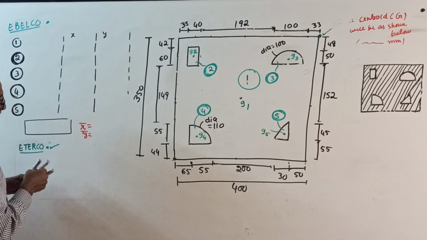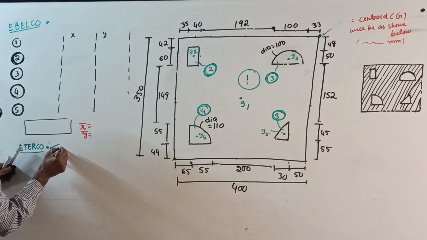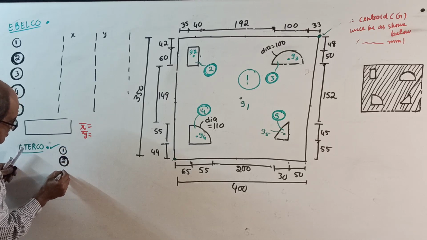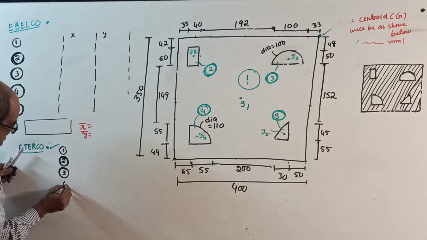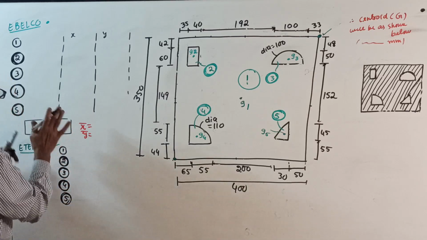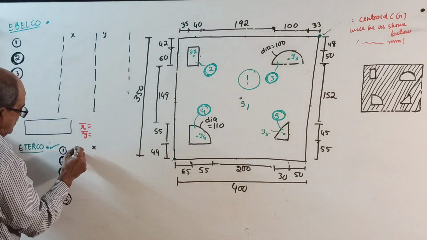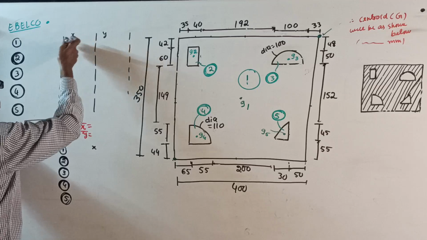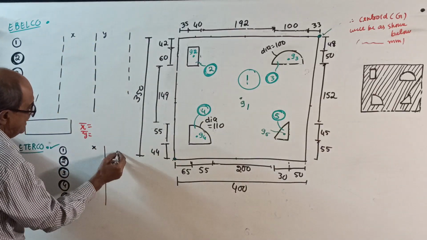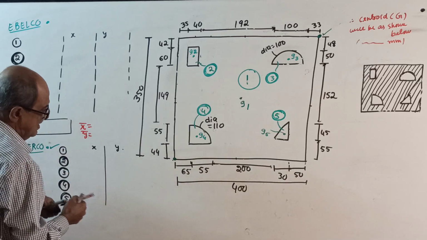I will write here, to save time, 1, 2, 3, 4, 5. Area I won't write; I write only X and Y. For Aterco, the area is already here. Why should I waste my time writing area for you? Some will tell you to write area also, but I'm not writing. This X, Y I will write here, for Aterco.